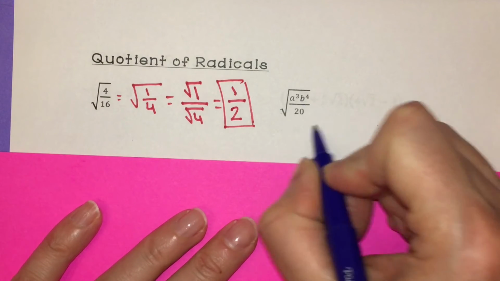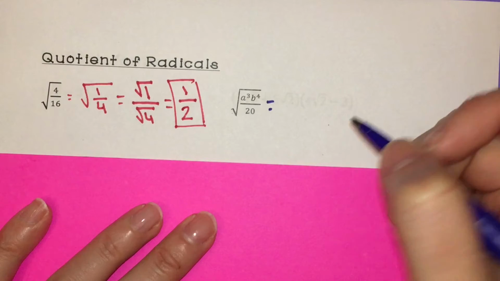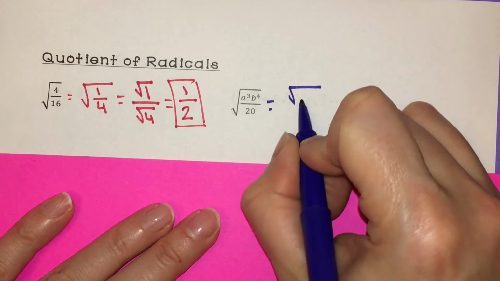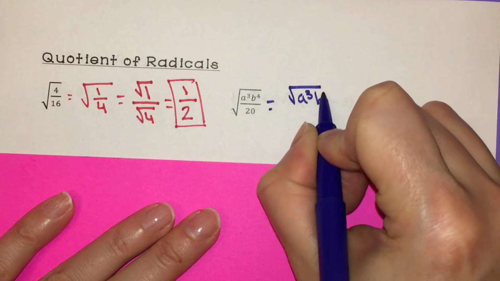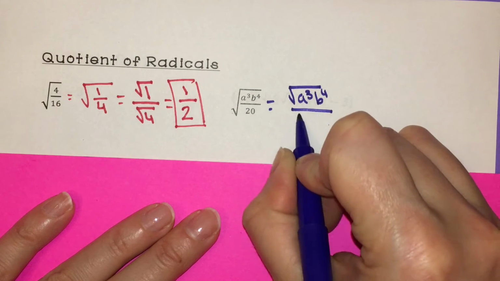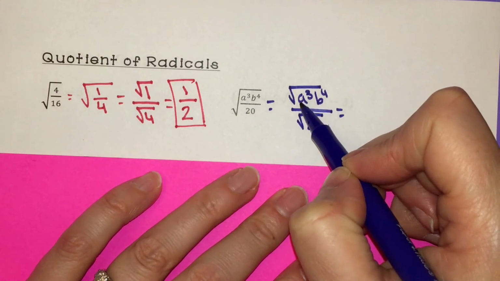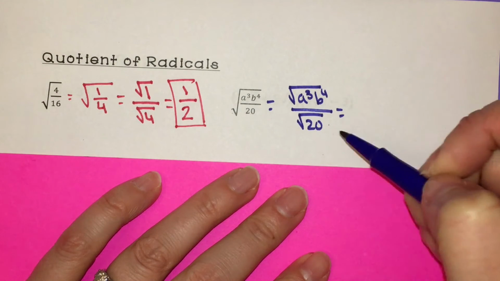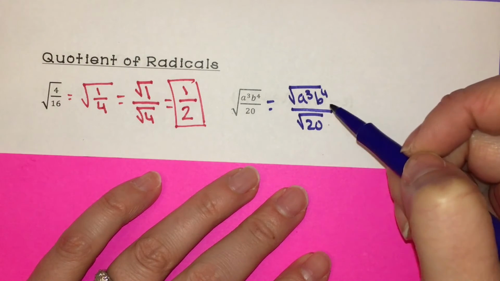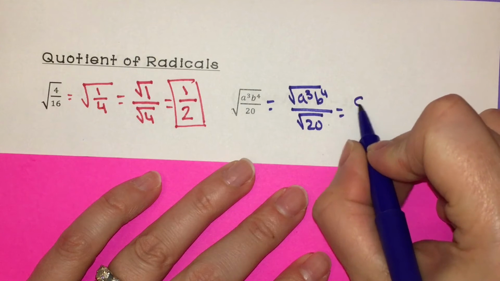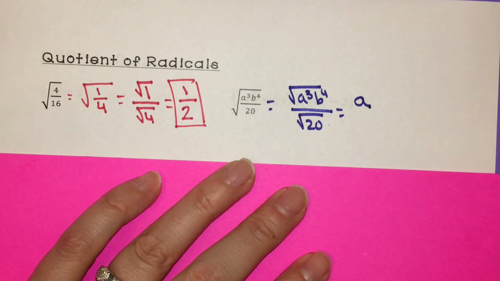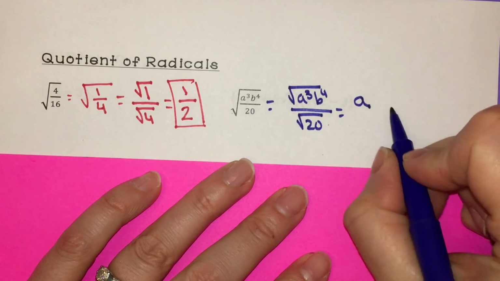Next, all right, I'm just going to split this one up to start with. We have the square root of a cubed, b to the 4th, over the square root of 20. All right, so a cubed, well, that's a times a times a, meaning we can bring 1a out, because we'd have a pair of a's with 1a left underneath.